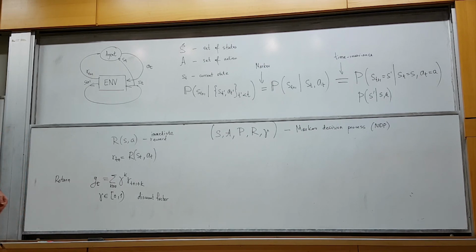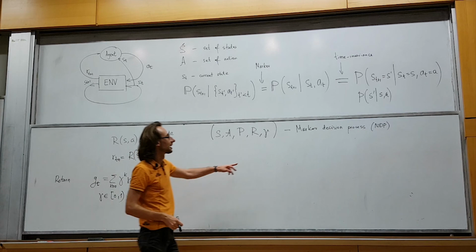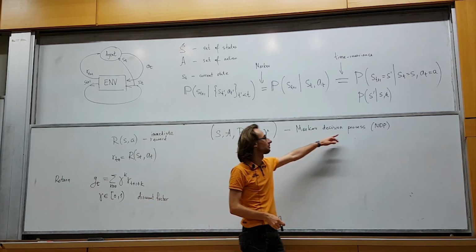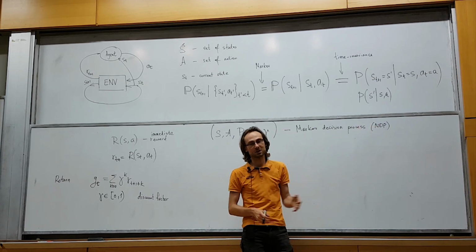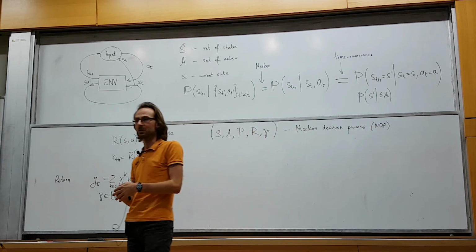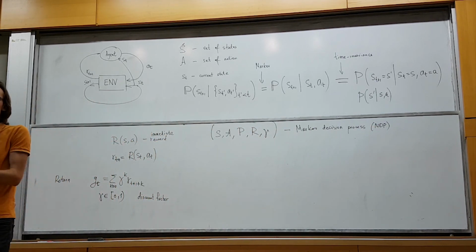Well, there are extensions of these MDP formulations to what is called partially observable MDP, which handle this partial observability. But again, we don't have enough time probably even to deal with the basic setting, right? So let's keep it simple. Of course, it is not super realistic in real life situations. Okay.